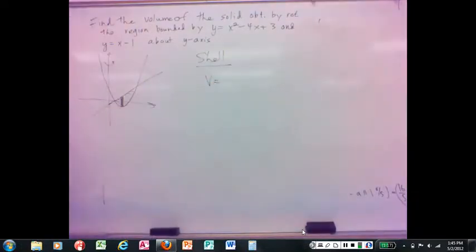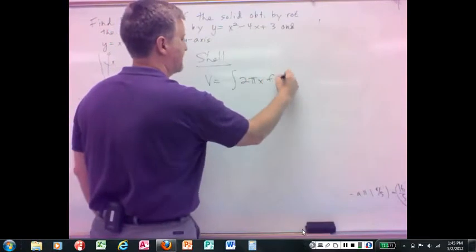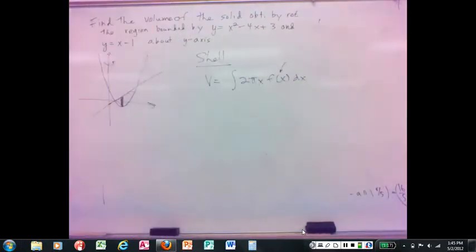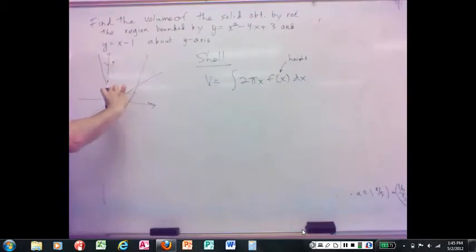Now, the thing about it is, your f of x, it's 2 pi x f of x dx. The f of x is how high, the height of your thing that you're integrating. How am I going to get the height of that? Well, I've got to do a little subtraction, don't I? I have to subtract the top minus the bottom.